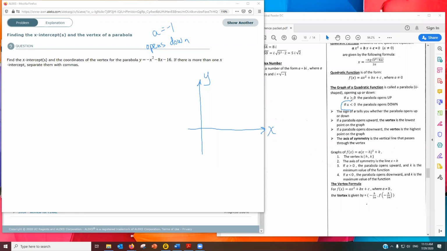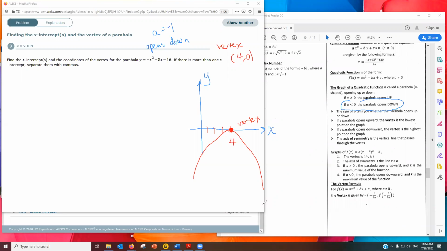Remember, if the a value is negative, the parabola opens down. But we just found out the vertex was at 4, 0. So here's the vertex, 1, 2, 3, 4. This is the vertex. And I know the graph opens down, so this graph must do something like this.